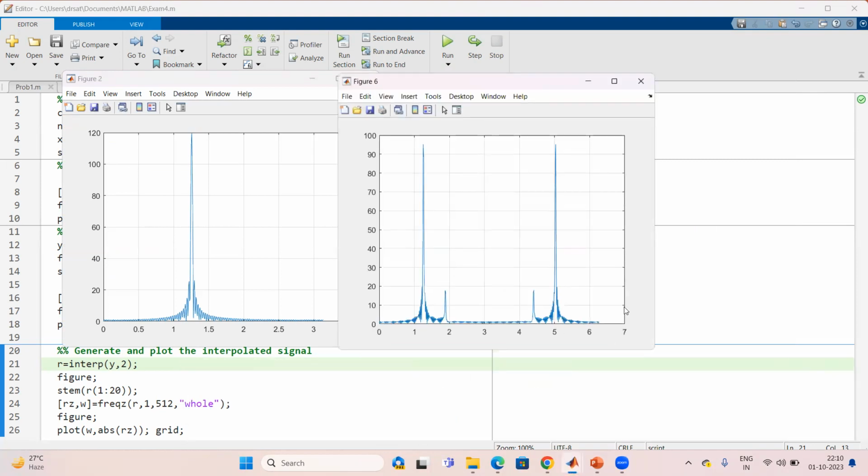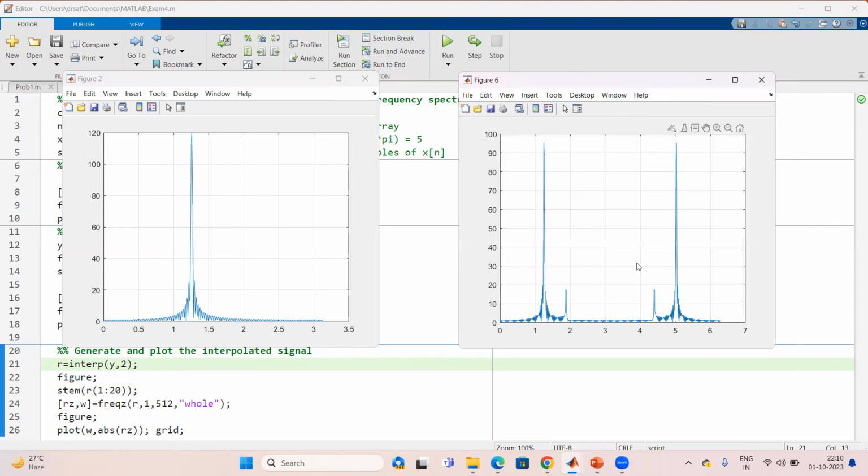After interpolation, we are going to get this particular spectrum. Remember it is plotted for the entire 2 pi duration, and therefore we are getting this side also. Otherwise, we would have got only up to this point.